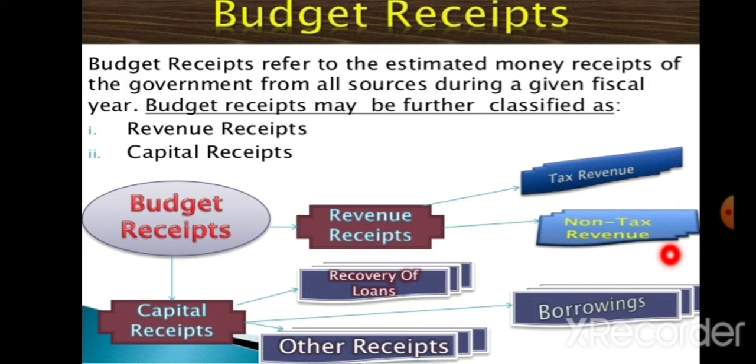The components of budget may also be looked at from a different angle. Two broad components are budget receipts and budget expenditure. Budget receipts include revenue receipts and capital receipts, and budget expenditure includes revenue expenditure and capital expenditure.